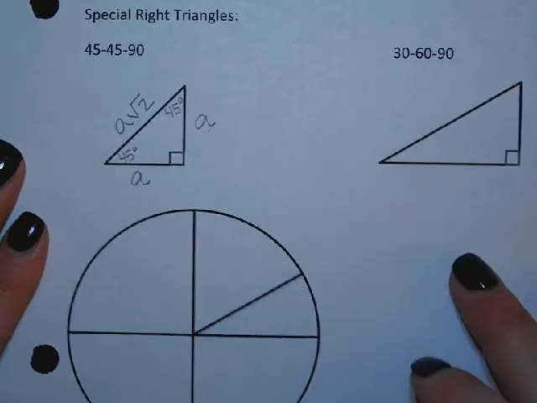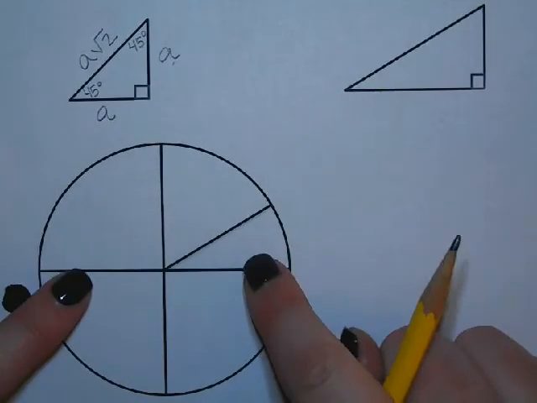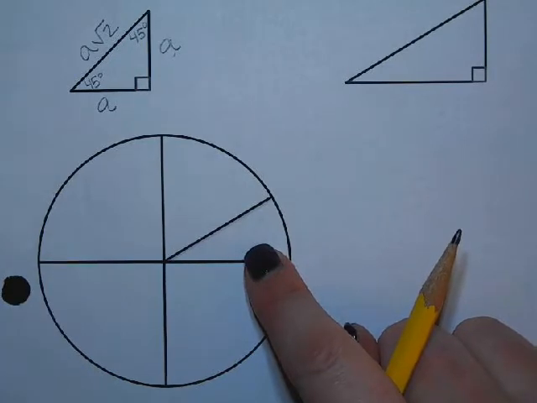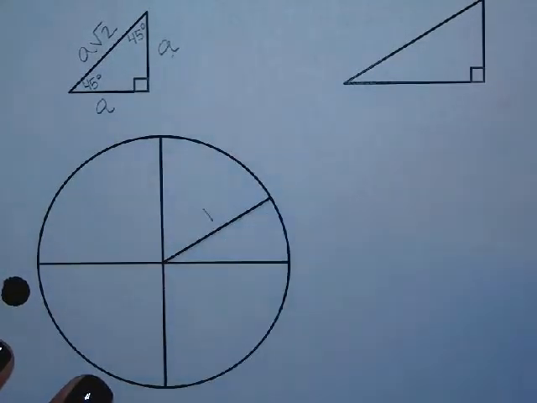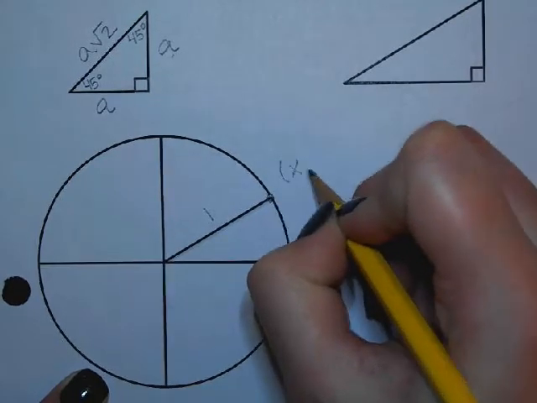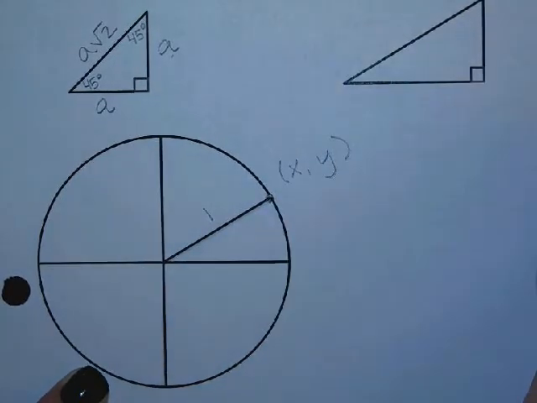Okay. So this picture of a circle right here is called a unit circle. We make something a unit circle when its radius is a length of 1. 1 as in 1 unit. This is a coordinate on the circle, x, comma, y. X coordinate, y coordinate.